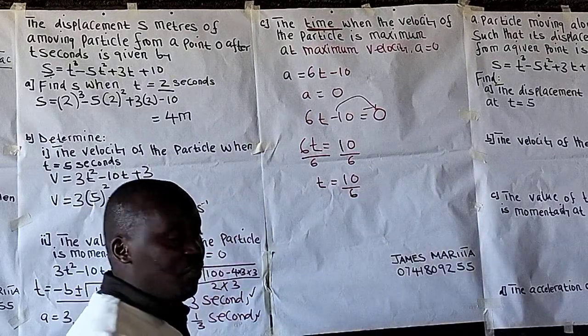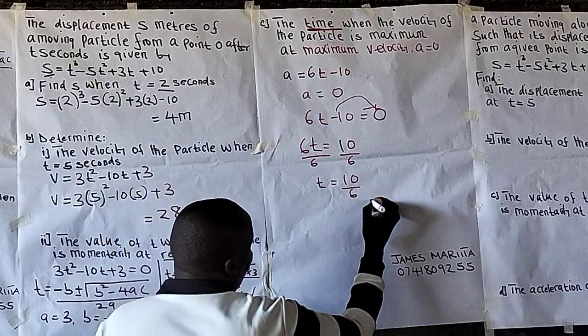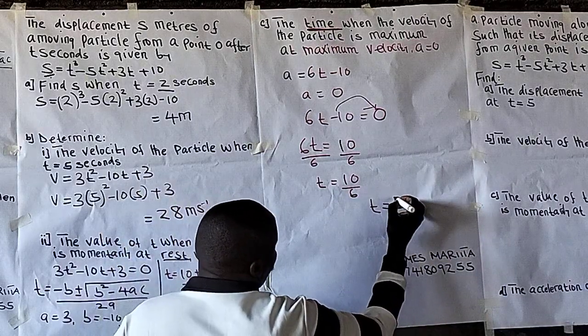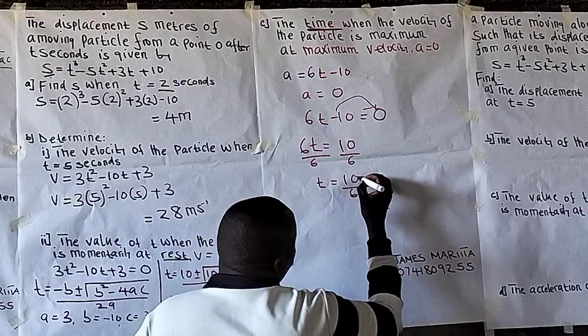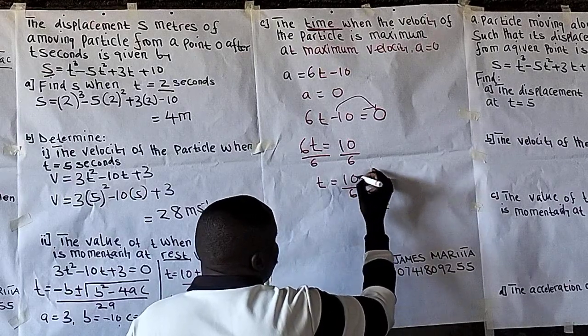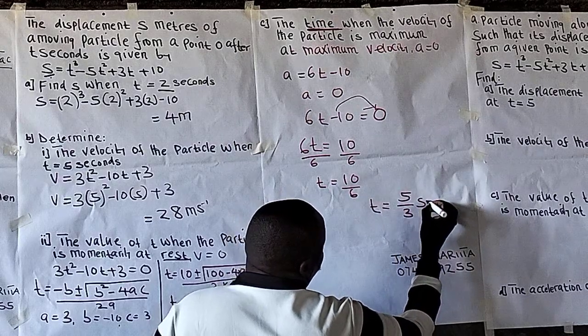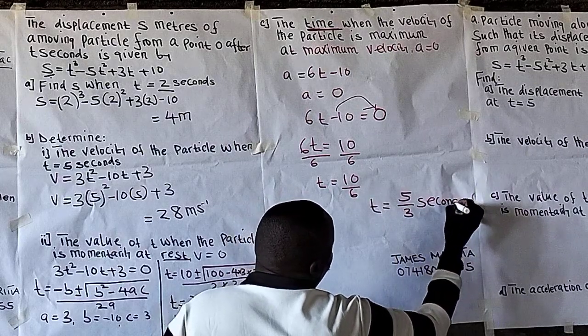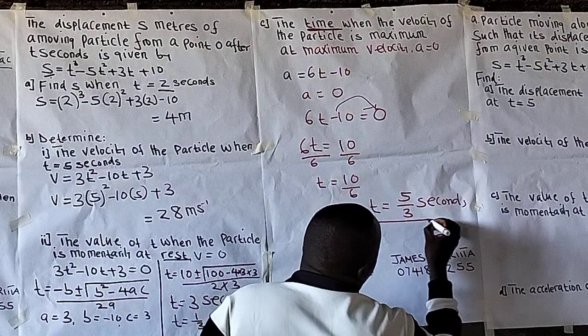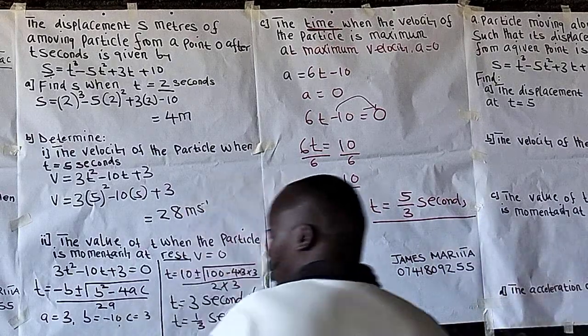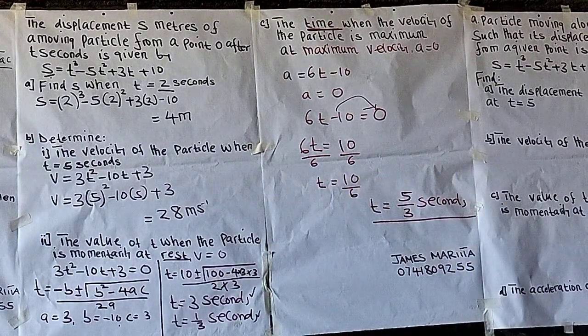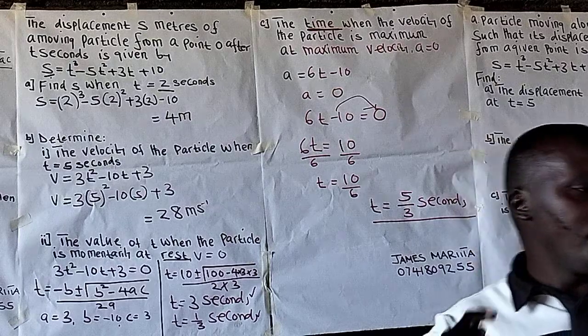If you simplify further, you can say that the value of t is equal to 5 over 3, 5 over 3 seconds. That is the value of t when the velocity of the particle is at maximum.